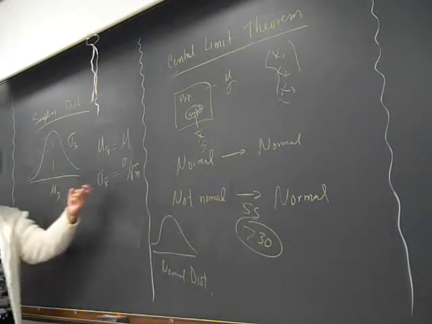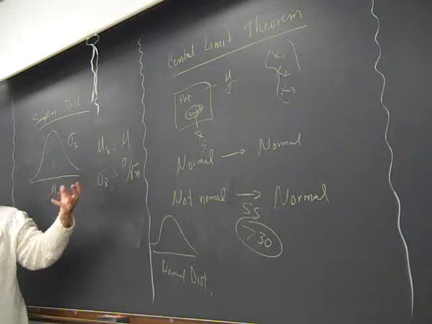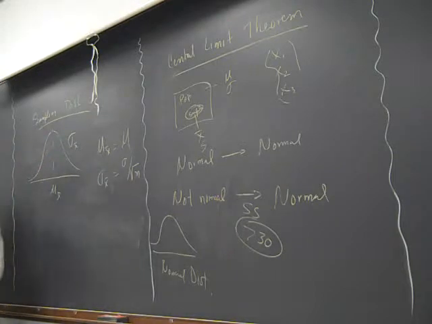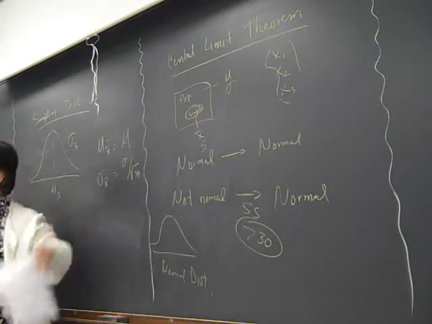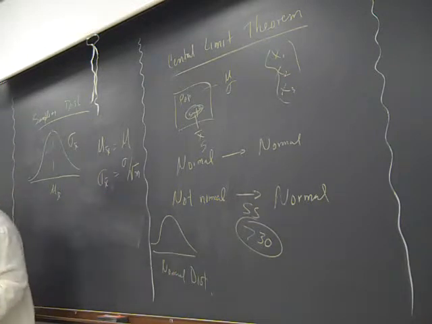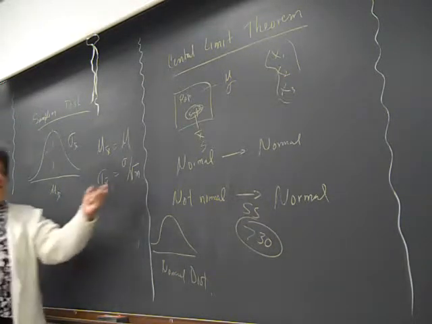And the standard deviation of the sampling distribution is also called the standard error of the mean. So how far away I am from the real mean of the population. And that is why if I increase my sample size, the error decreases.